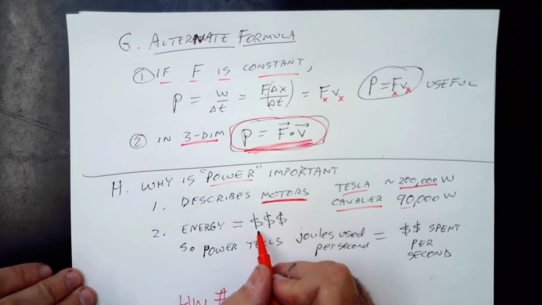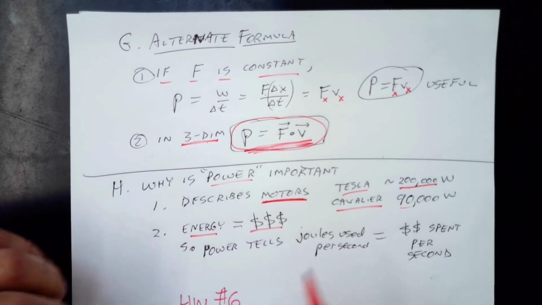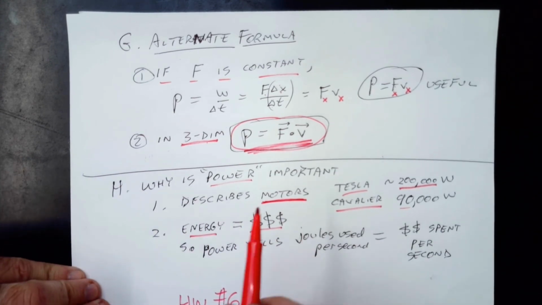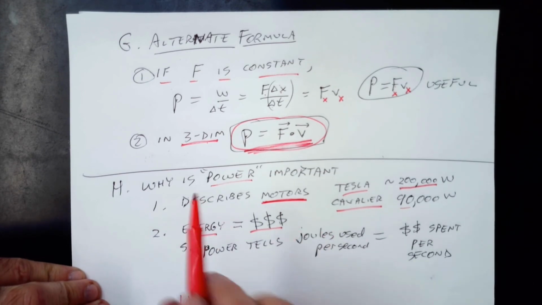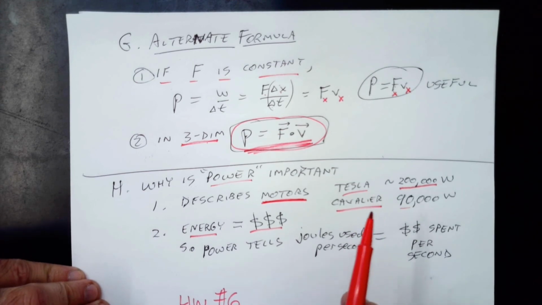So your parents pay for that. And power tells us, energy is what you pay for. So when you get a statement from the electric company, it'll basically tell you how many pennies you pay per joule. Or really, it's the other way around: thousands and thousands of joules cost 1 penny.